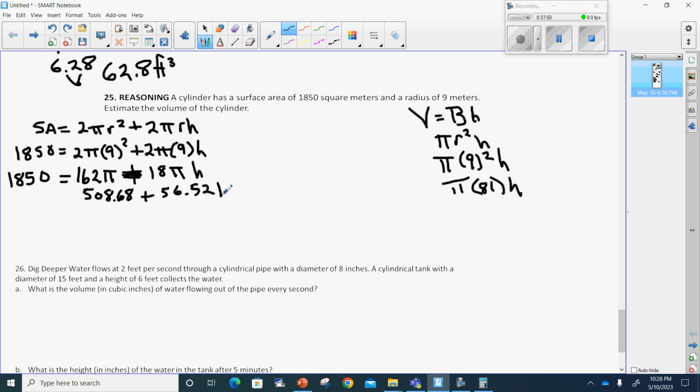56.52 times h. All right, and now that's going to be equal to 1,850. I'm going to subtract 508.65, or 68, excuse me, from both sides.